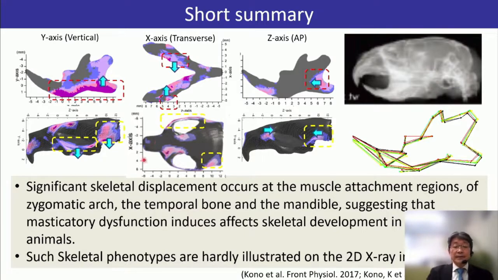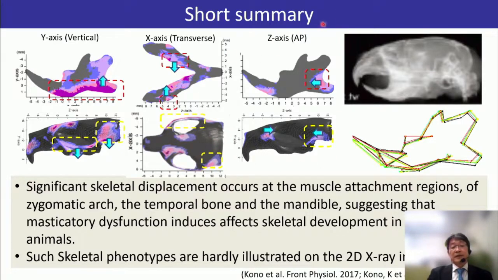And this is the maxilla, and the zygomatic arch also showed inward displacement in the soft food diet mice. The temporal bone regions were also displaced inward. And this is the anteroposterior displacement.